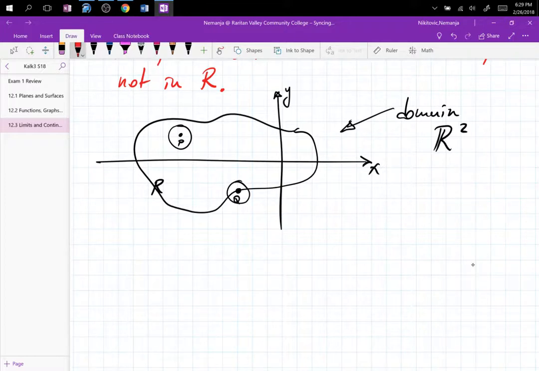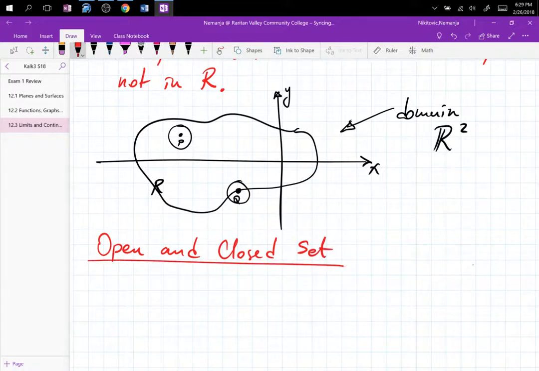Two more definitions, for open and closed sets.